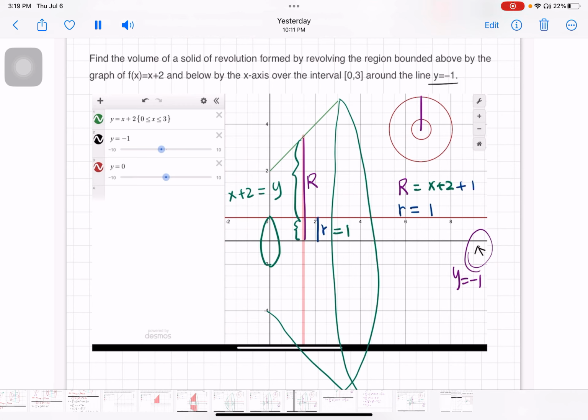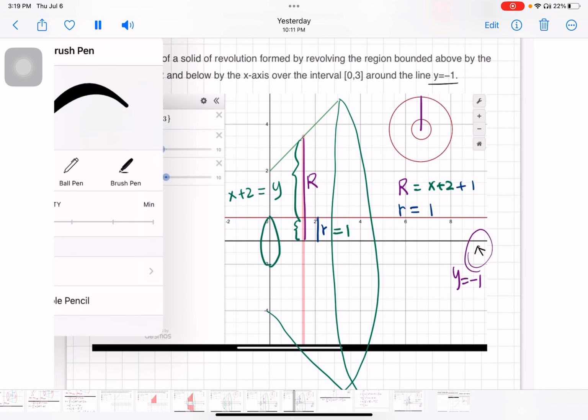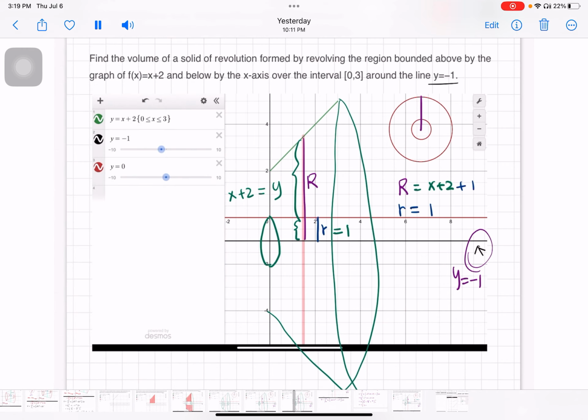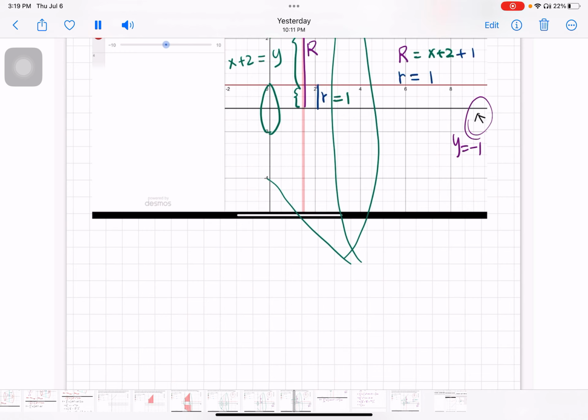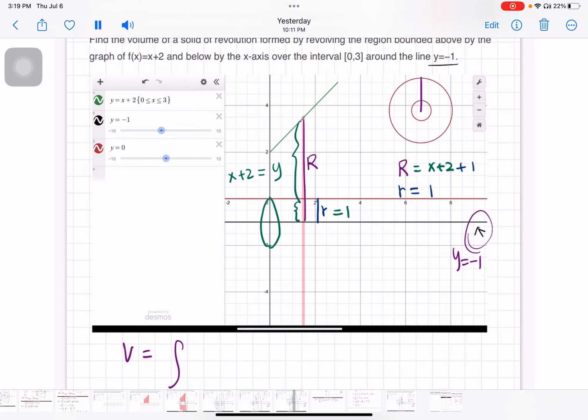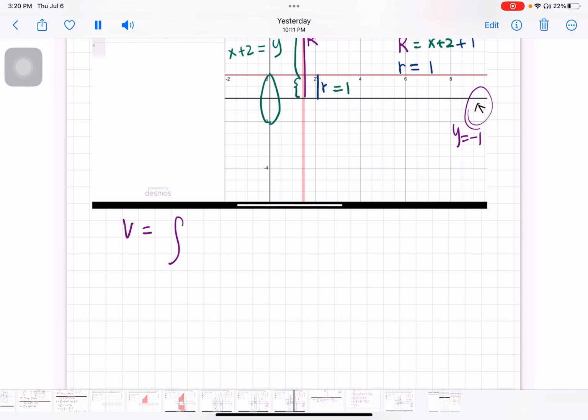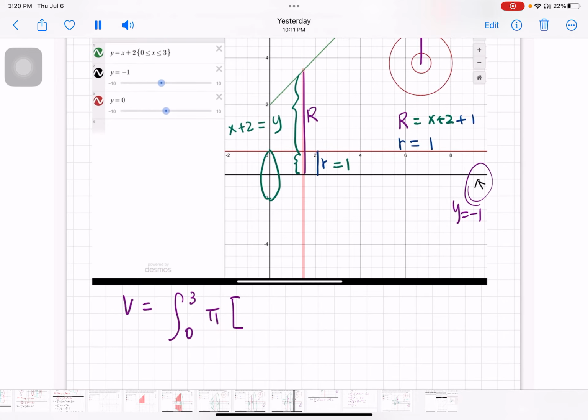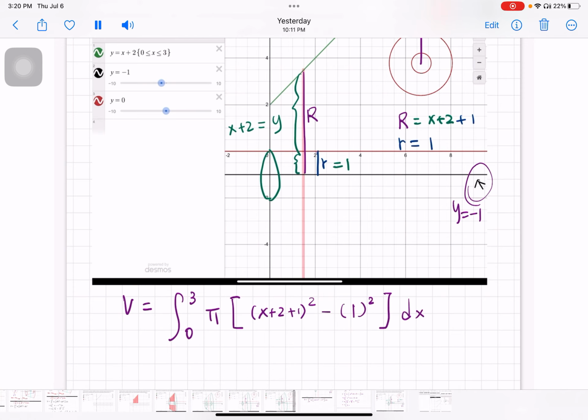So the larger radius is going to be x plus 3. Now combine everything to set it up. The volume is going to start from 0 to 3, and then the pi, the larger r is x plus 3 squared minus the smaller r, which is 1 squared, dx.